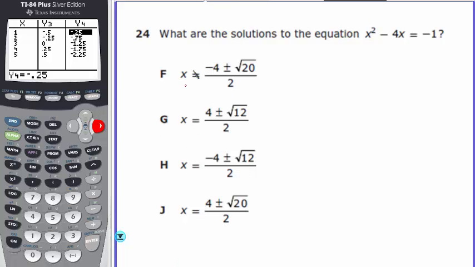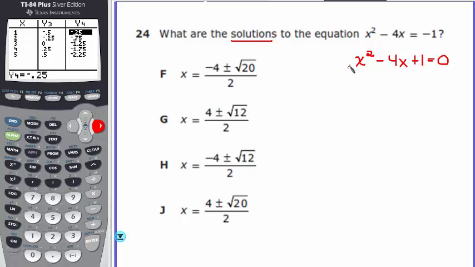Next problem is problem number 24, and it says, what are the solutions to the equation x squared minus 4x equals -1? Anytime you see the word solution in a quadratic, you want to make sure that the quadratic equation has one side equal to 0. So in this case, I'm going to move the -1 to the other side. That means it becomes +1.